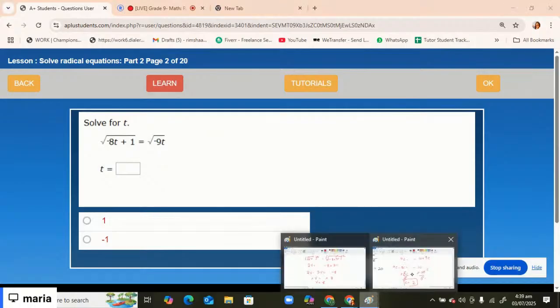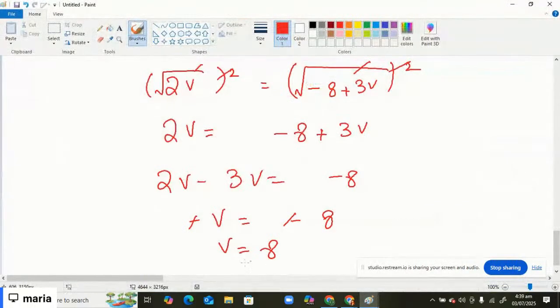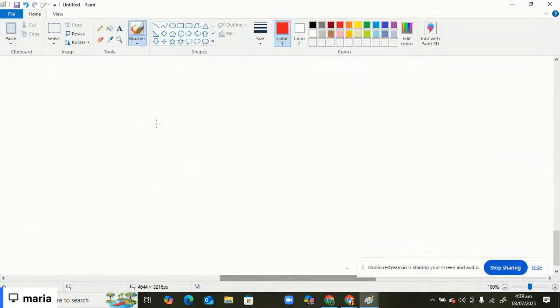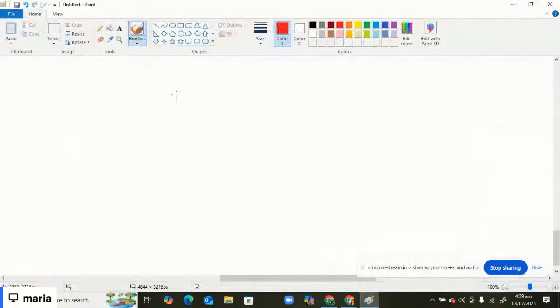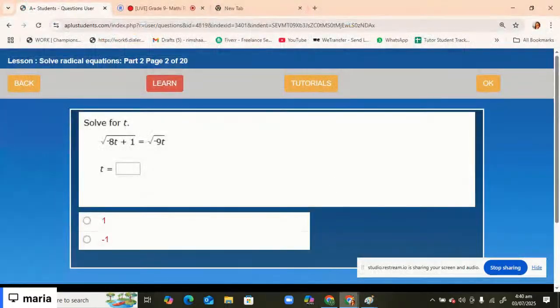Let's do this one. Minus 8t plus 1, and here is minus 9t.